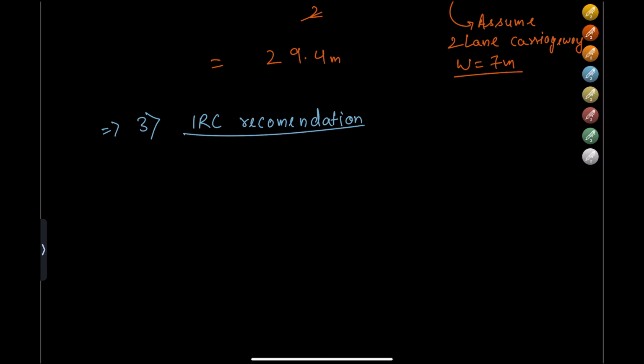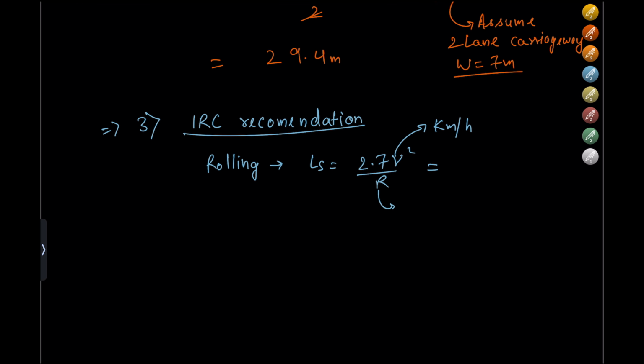As per the IRC recommendation, the formula for rolling terrain is length of transition curve is 2.7 V square upon R, where V is in kilometer per hour and R is in meter.